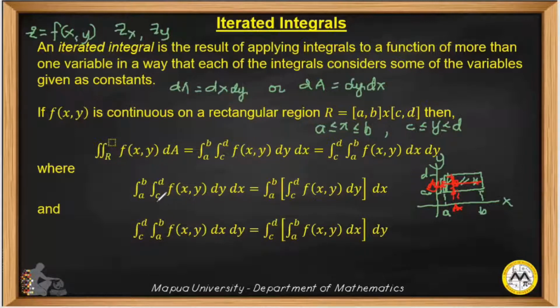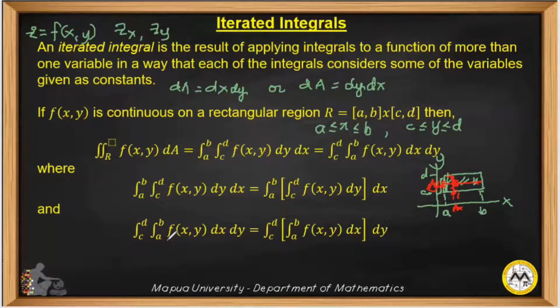So the integral of f of xy dy dx, where y goes from c to d and x goes from a to b, means that we will evaluate the inner integral first in y, and the result becomes the integrand of the outer integral in x.